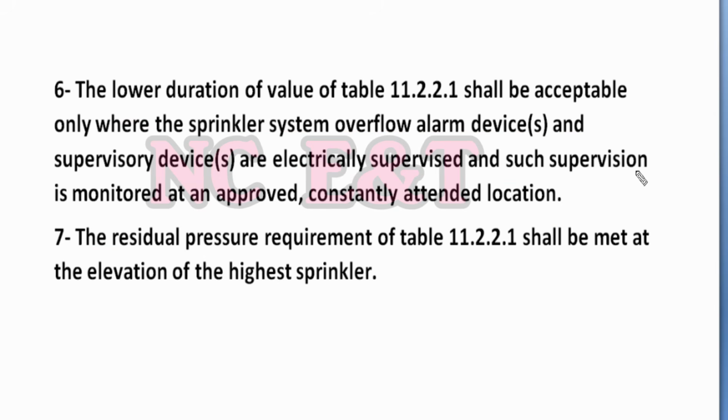It is acceptable only where the sprinkler system, overflow alarm device and supervisory device are electrically supervised and such supervision is monitored at an approved constantly attended location. It means if we are using fire alarm system with the fire sprinkler system, then we can use pipe schedule method.